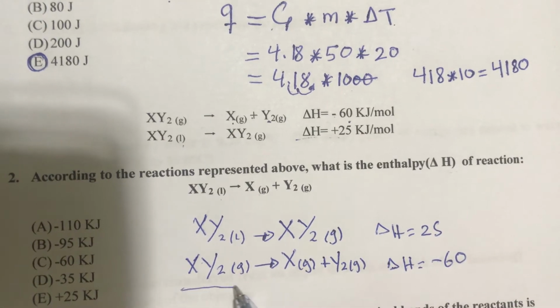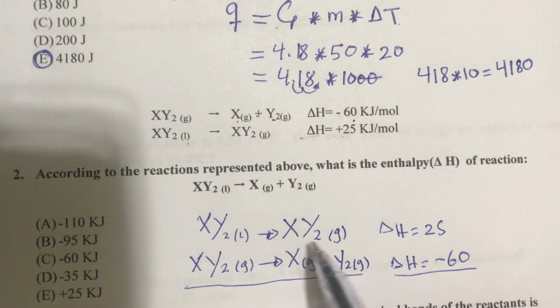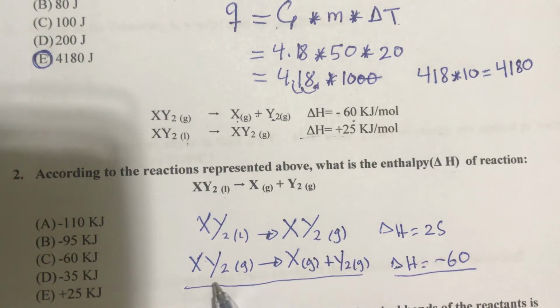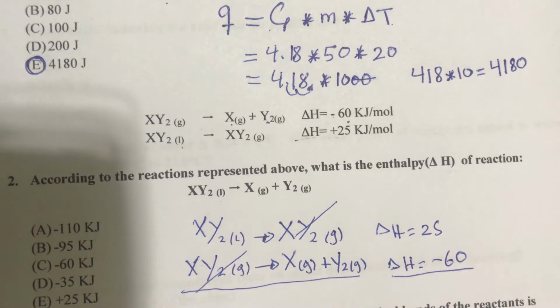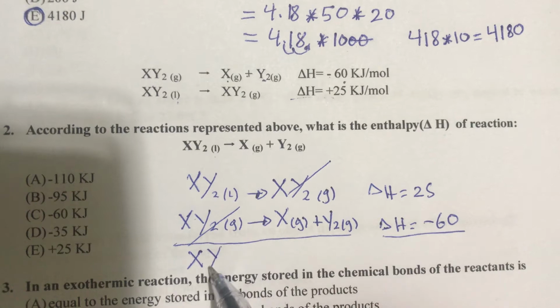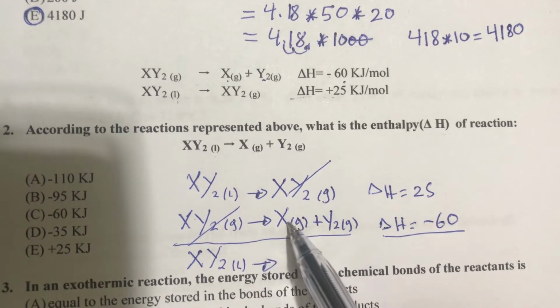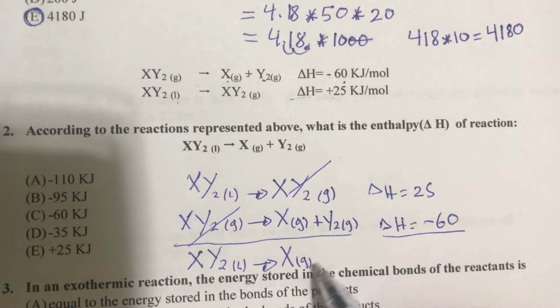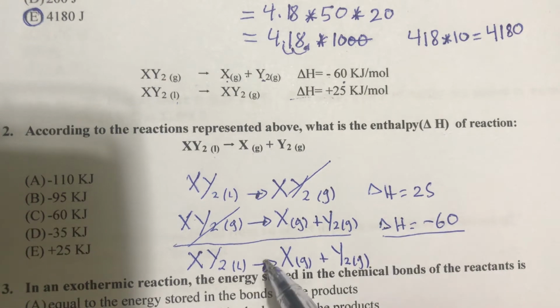So if you add these reactions to each other, here XY2 gas is in the product, and here XY2 gas is in the reactant, so you can delete it. So XY2 liquid produces X gas plus Y2 gas. So here you get this reaction.